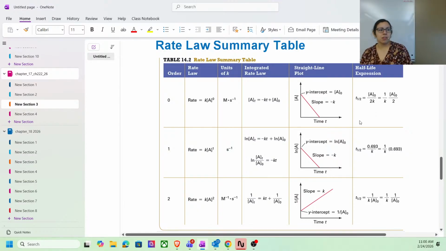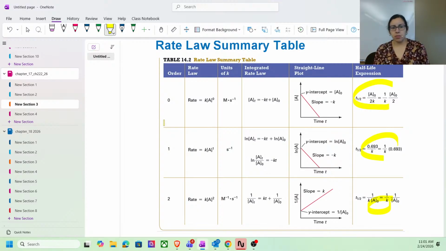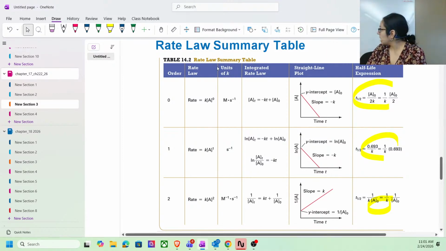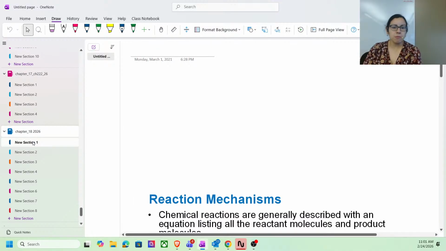So anytime you see the word half-life, you want to use these formulas, based off of the order. We can go back to chapter 17 if we need, but I just want to at least start moving forward with chapter 18.